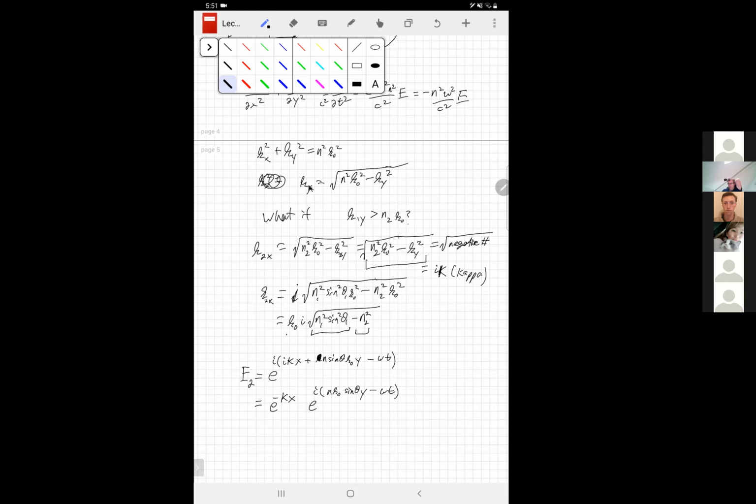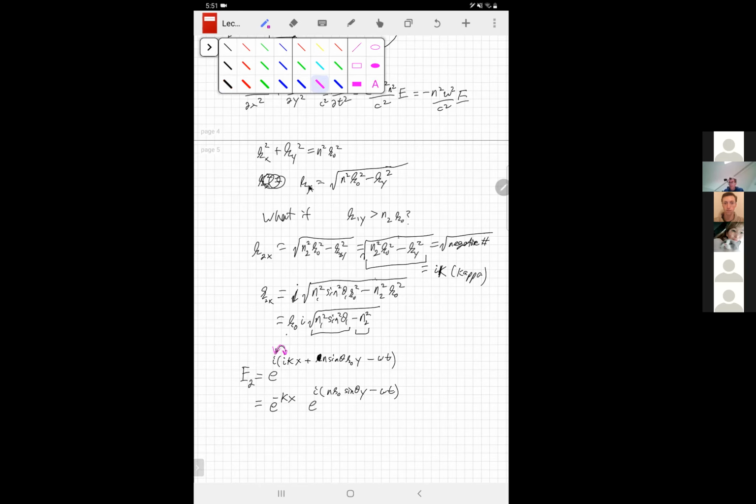So we just rewrote k sub 2x. We basically are just saying that the x component of the k vector is an imaginary number. And when I take an imaginary number and plug it in here, I get i times i, and i times i is -1.